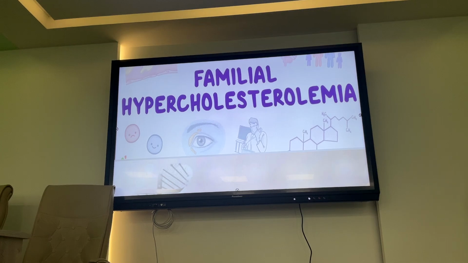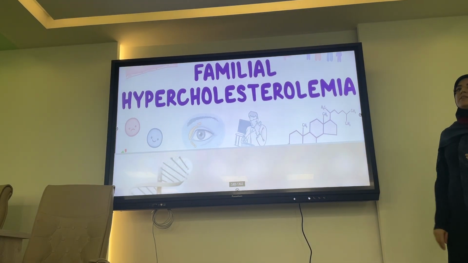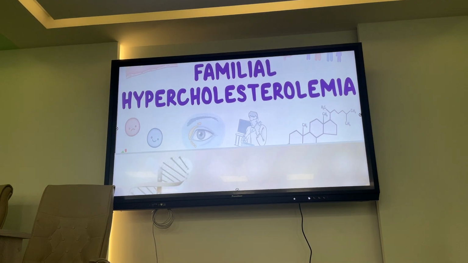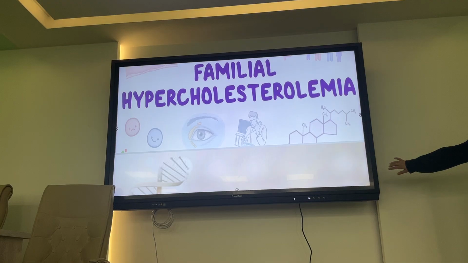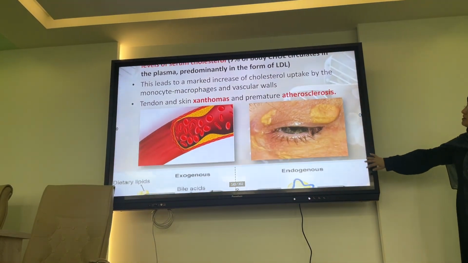You know, myocardial infarction is a disease for the elderly, not for a child. But in familial hypercholesterolemia, they have increased level of cholesterol in the blood, so they are too susceptible to stroke.